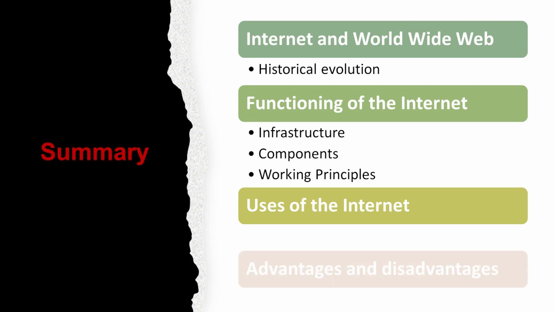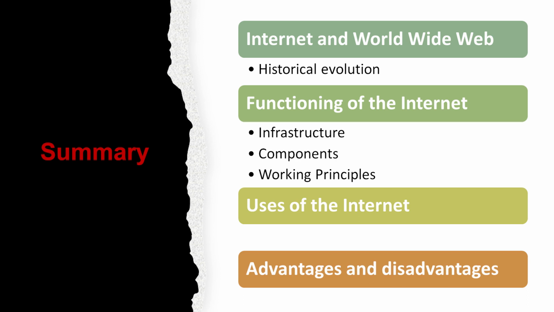Finally, we also looked into the advantages and the disadvantages of the internet, rather the merits and the demerits of the internet. Now, on the meritorious side, we see a large number of services that are available which were not available in the previous years for us to access today.